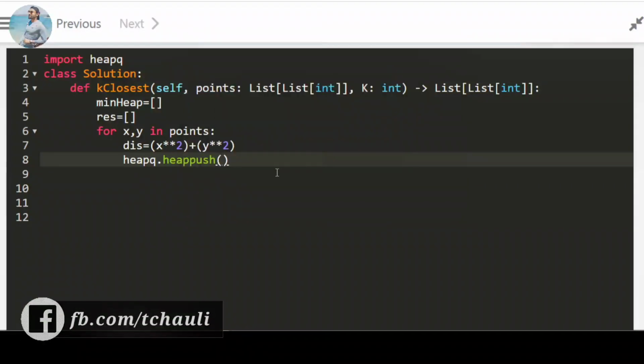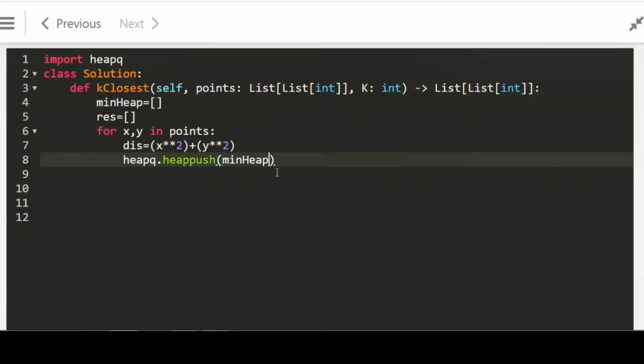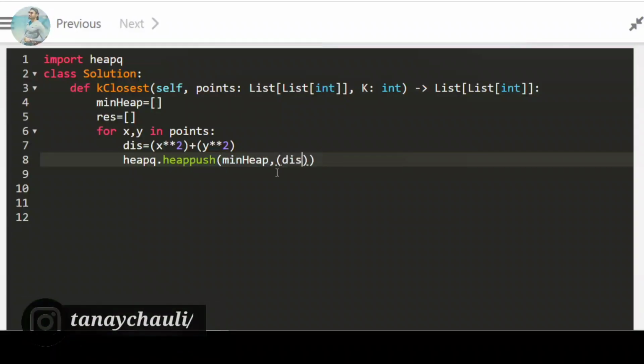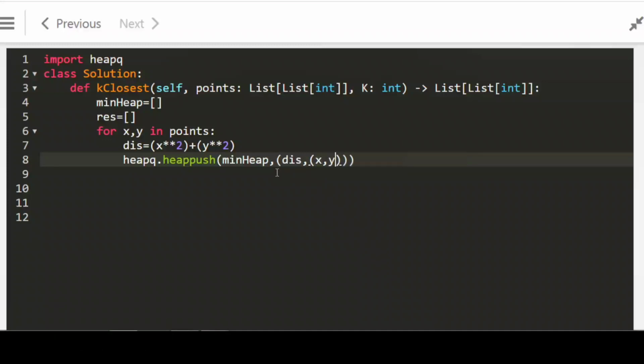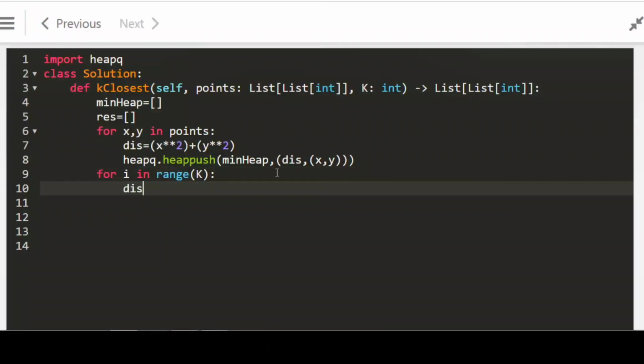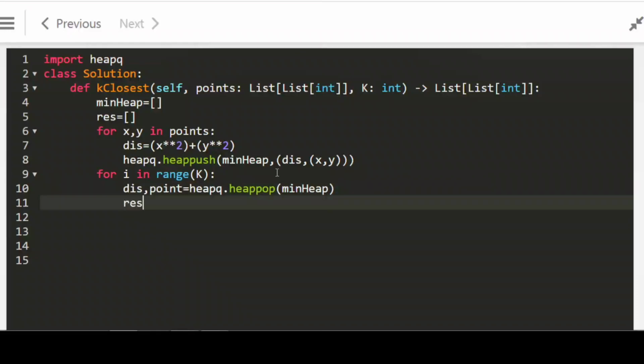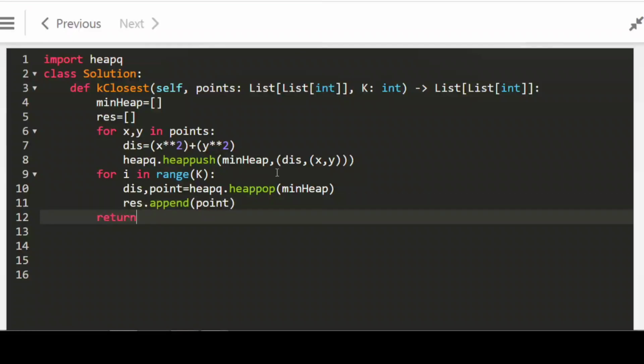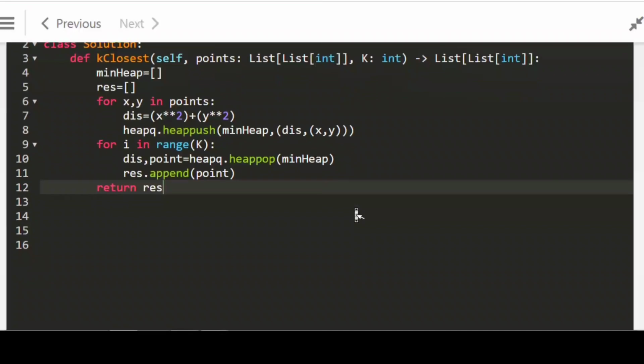Now we push the distance and point inside the heap, and the heap always maintains ascending order. Now we iterate the heap up to k times. We store the popped distance and point, append the point to the result list, and finally we print the result list.